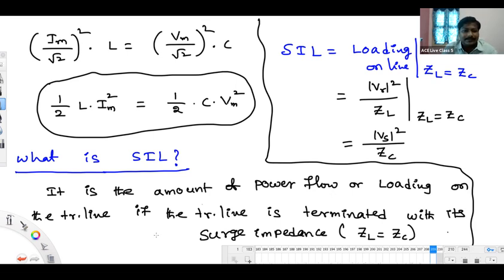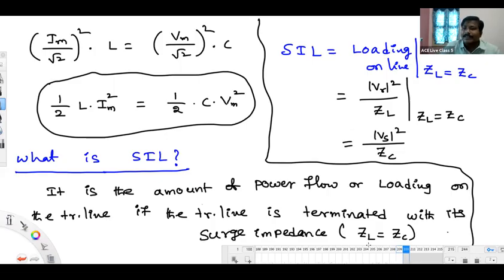So I think all of you are getting it? Is it okay? Yeah, for any transmission line, these conditions are valid.